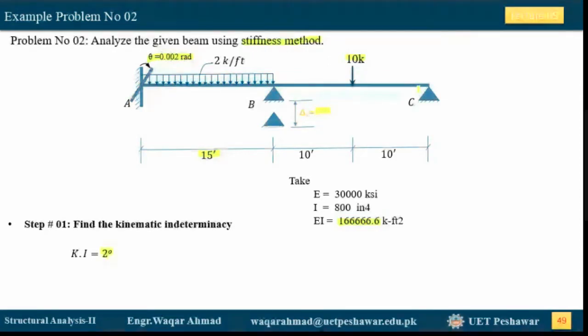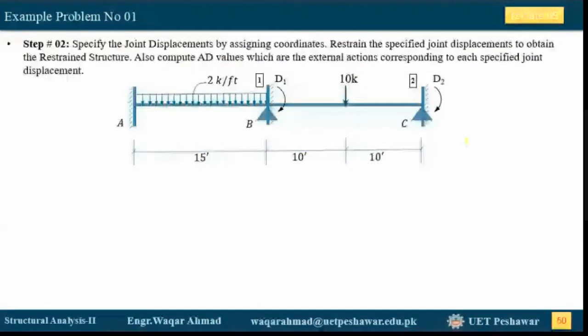The next step is the same as we did in problem number 1. What we need to do is replace this joint by a fixed joint so that the displacement is restrained. So we need to first specify the displacements.